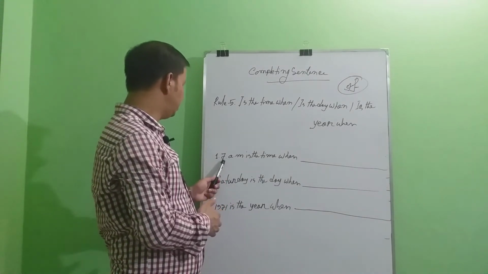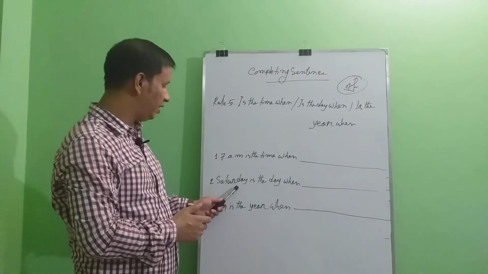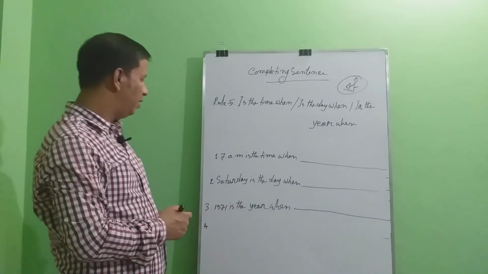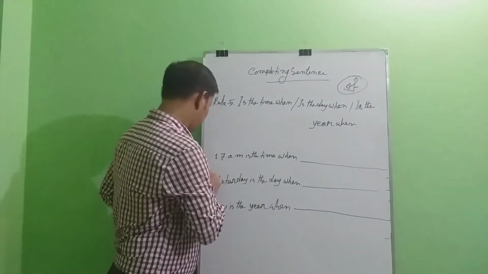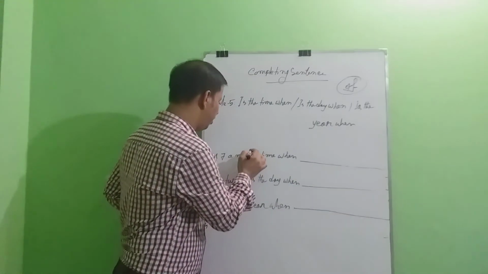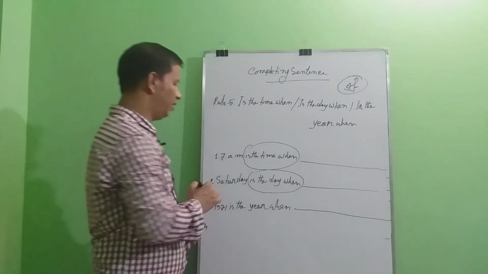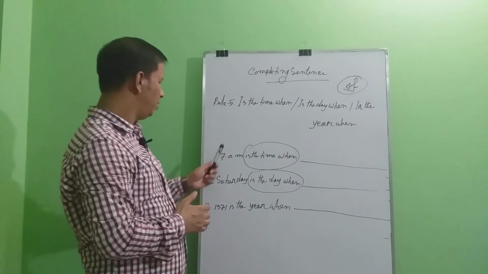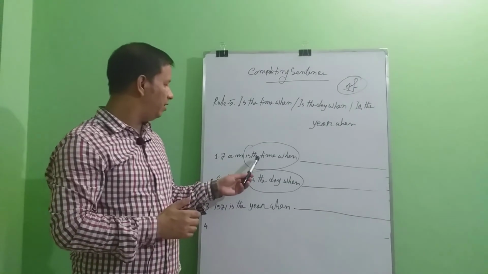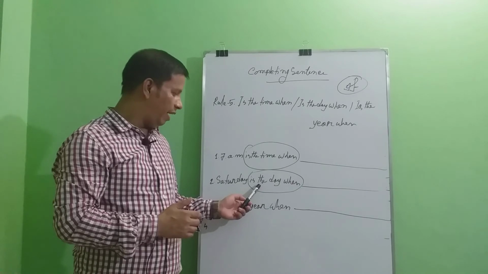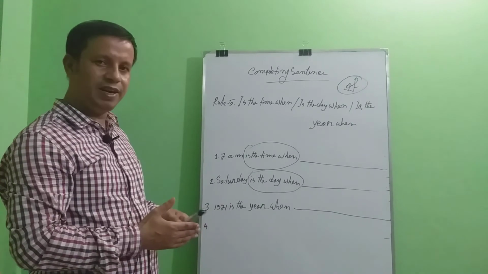I have written here 7 am is the time when, and in the second sentence Saturday is the day when. I have to maintain in the both sentences with one rule, is the time when and is the day when. The rule is, if an incomplete sentence starts with is the time when and is the day when, then the next sentence will be simple present tense.